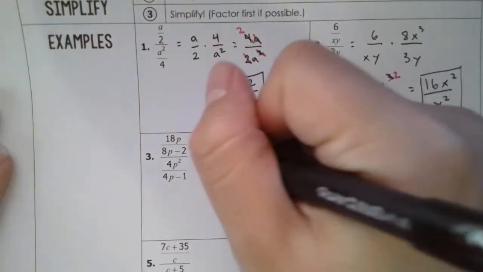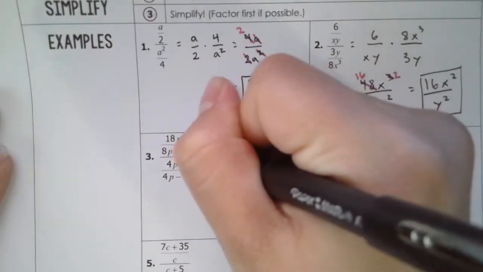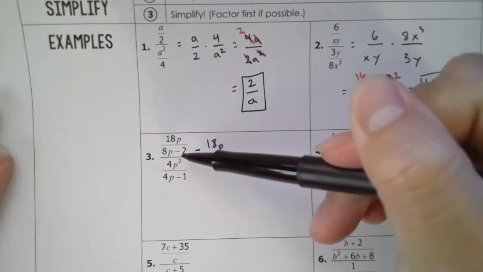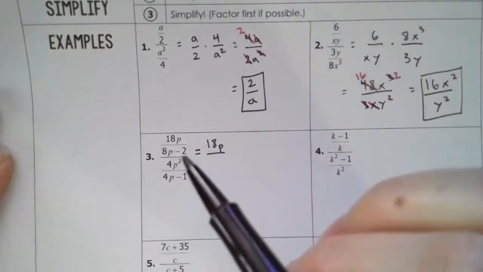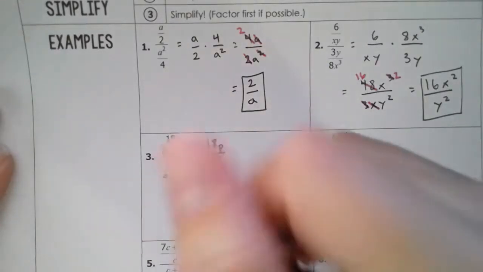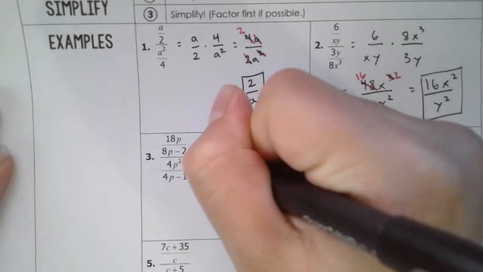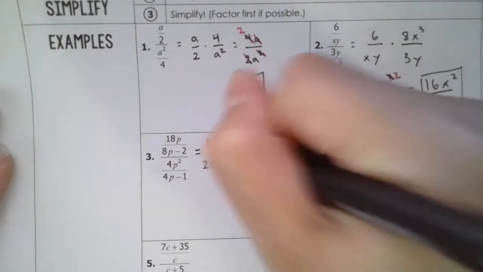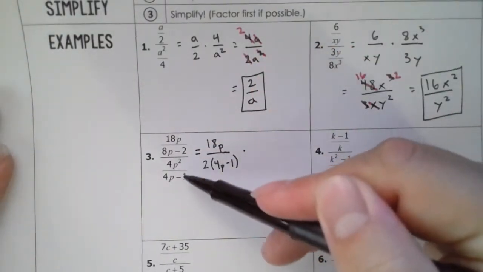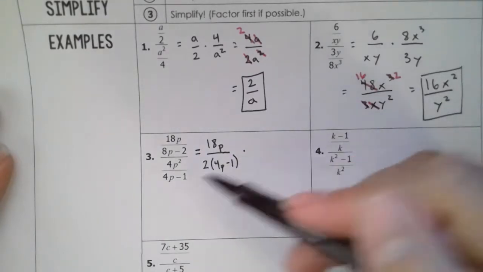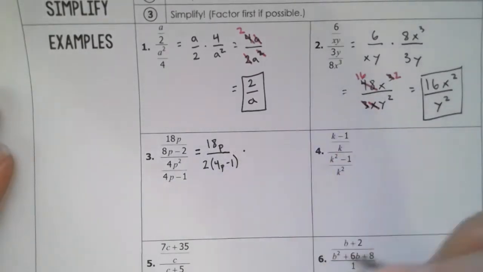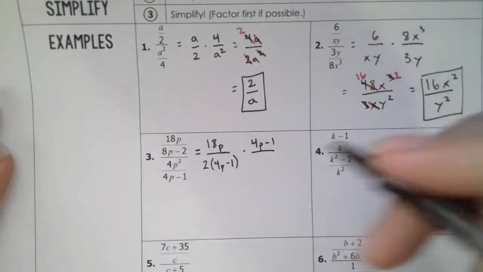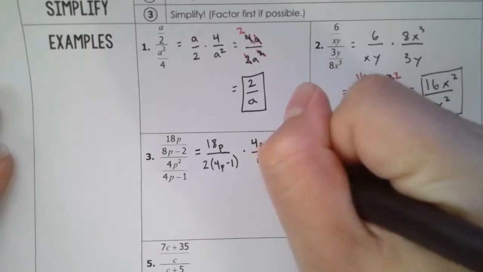So I have 18p, that's the numerator here. Now 4p minus 2, I'm going to factor out a 2 first. So 2 times 4p minus 1, times, and then it would be the reciprocal of this here. I can't factor out anything there, so it just stays as 4p minus 1, and same thing goes for the denominator, 4p squared.